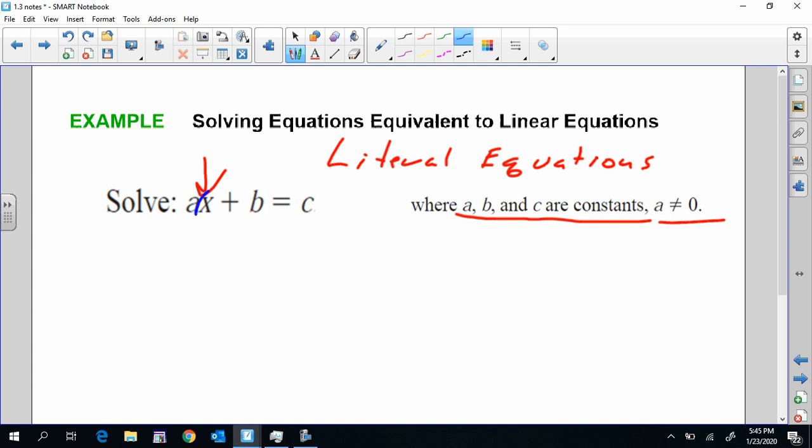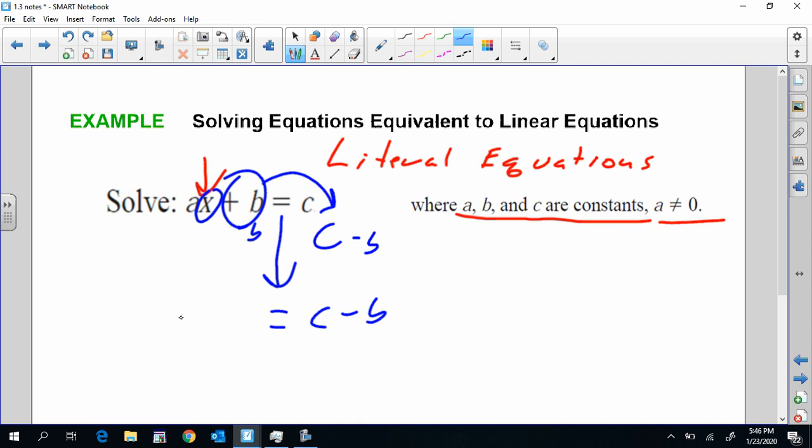If x is what I'm solving for, and my equal sign is right here, then b is on the wrong side because it's a non-x. It's got to go. How does it go? It changes its sign. You subtract b, you subtract b. You end up with c, and you subtracted b from it, and so you have a binomial c minus b.